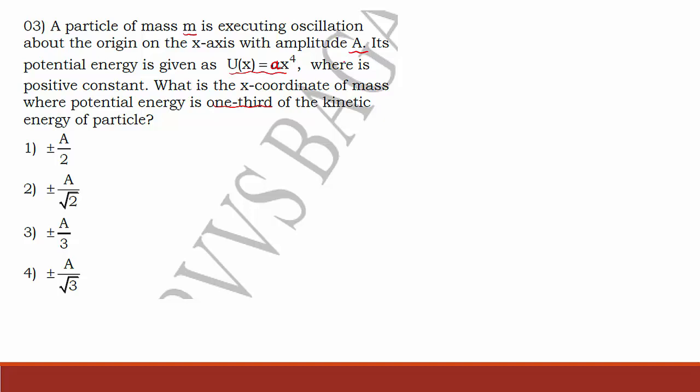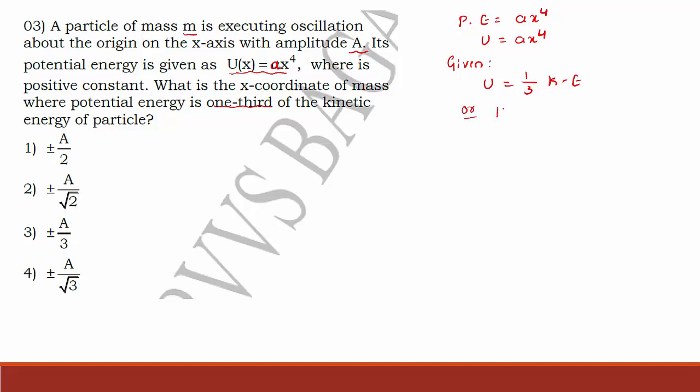Here the potential energy is given, let us take U equal to a x raised to 4. But you can observe the last sentence: potential energy is 1/3 of kinetic energy. So we can write that potential energy U is 1/3 of kinetic energy.